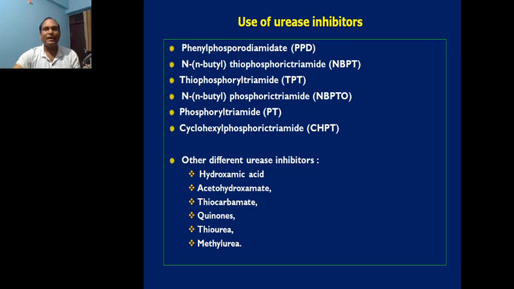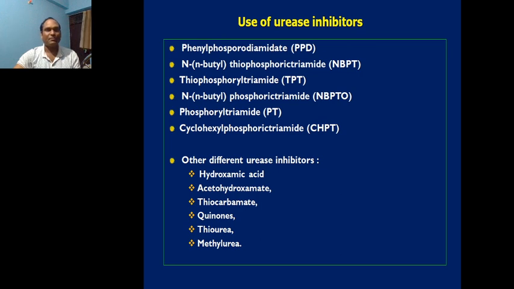Urease inhibitor is another technique which reduces the urea hydrolysis process. This is important because ammonium ions which are produced through the urea hydrolysis process undergo several transformational processes and also loss mechanisms like volatilizations and denitrifications.